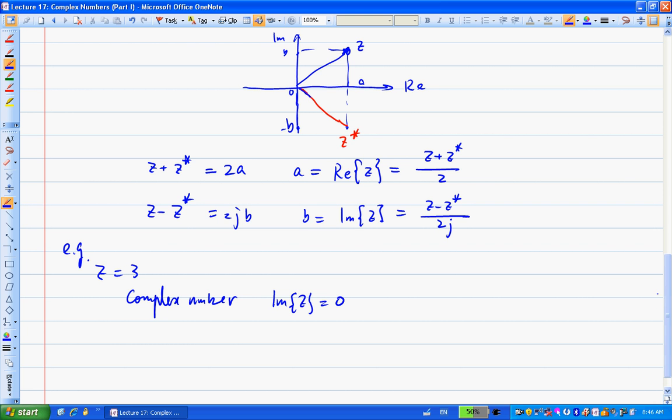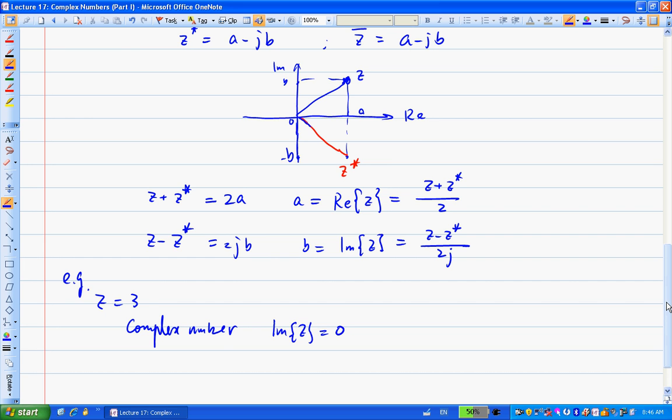A better way to explain the relationship between the complex number and the real number is to look at the complex plane. Remember, this axis here is called the real part, where the numbers on it are real numbers.